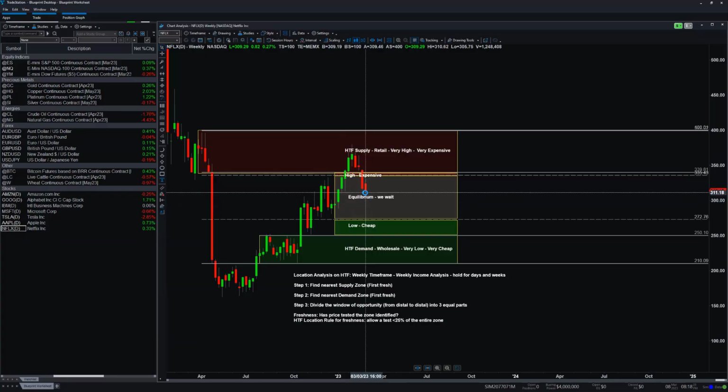So now price is here and price has reacted to the supply just like expected. But even if we had traded this, it would not have been profitable at all. And even today, we have not even yet achieved the one-to-one yet, right?